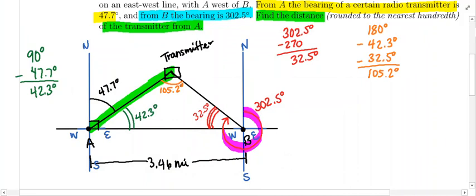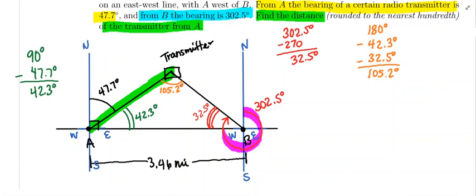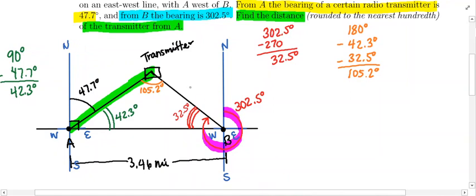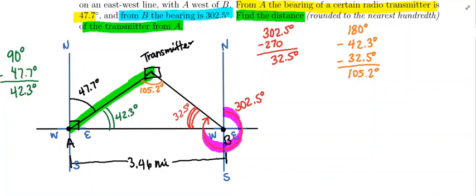Now we need to figure out what case this is, because that will tell us whether we need to use the law of sines or the law of cosines. We know we're looking for this green side length. I'm going to label things.